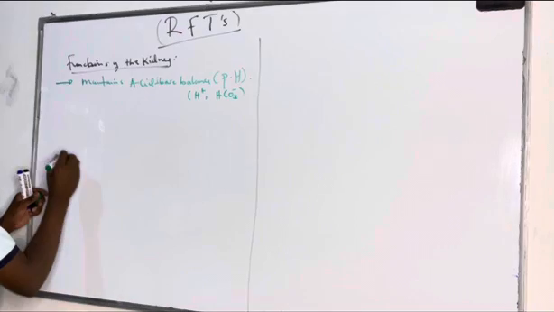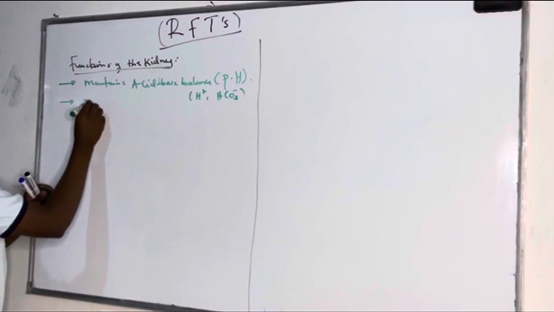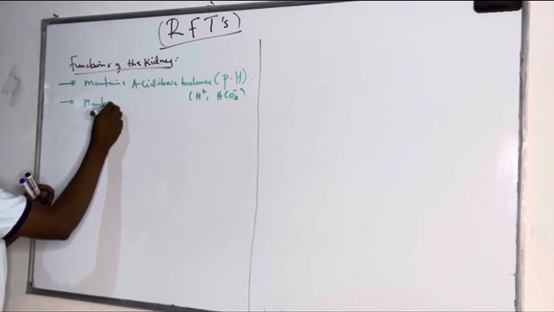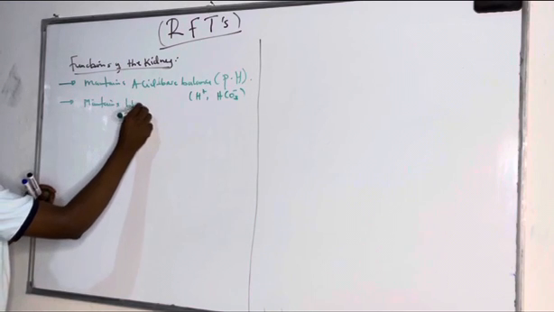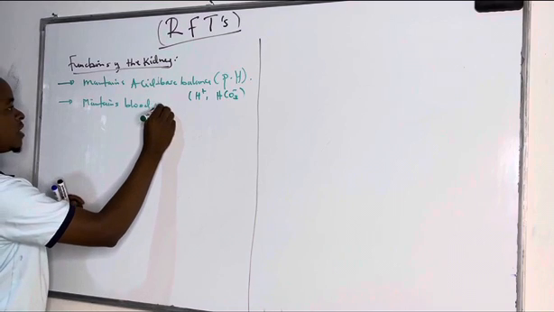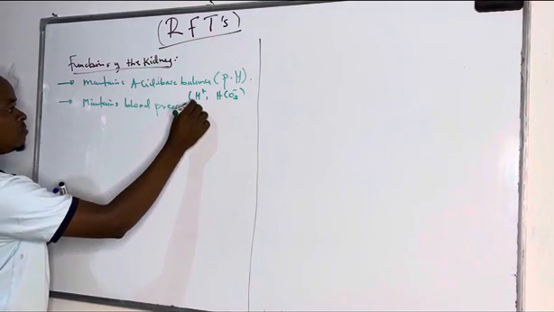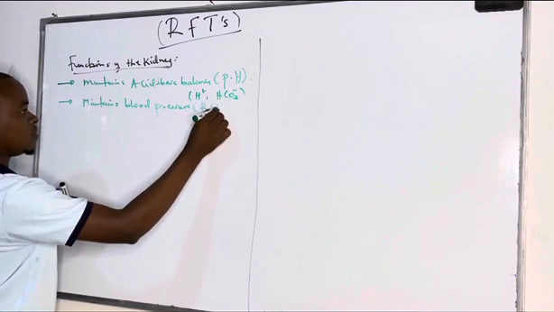Another function of the kidney is that it maintains blood pressure. This is the homeostatic function of the kidney, whereby it maintains blood pressure. How? By the RAS system.